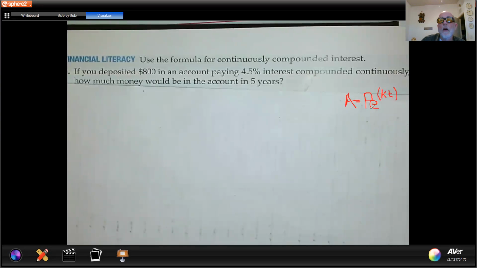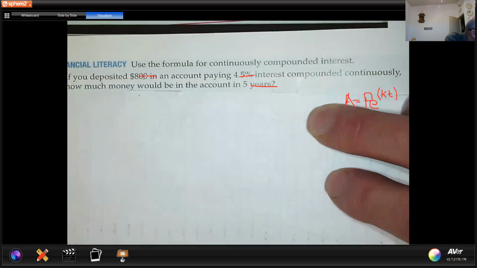So this is the formula, and we are depositing $800 into an account, 4.5% interest, 5 years. Looky there. That's what we want.